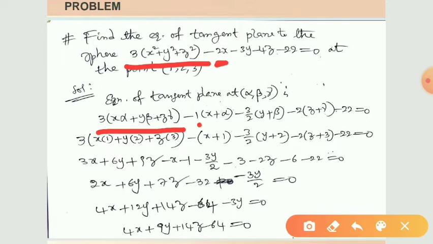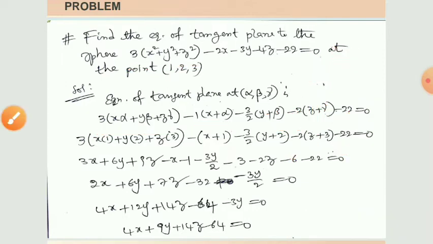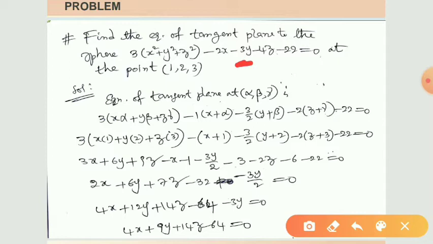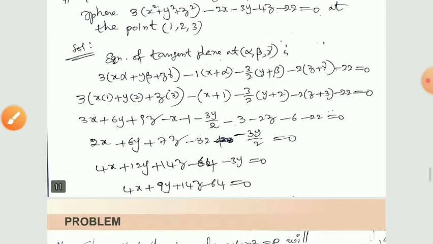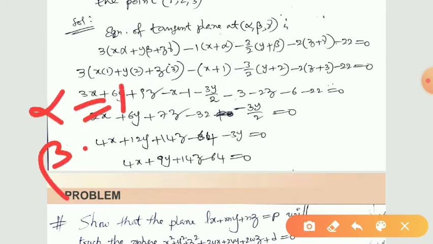Therefore minus 1 into (x plus alpha), because whenever there is 2 we will write u into (x plus alpha). So keeping this in mind, minus 3y can be replaced by minus 3 by 2 into (y plus beta), minus 4z can be replaced by minus 2 into (z plus gamma), minus 22 is equal to 0. This is the equation of the tangent plane. On simplification, by substituting alpha is equal to 1, beta is equal to 2, and gamma is equal to 3, we will get this.